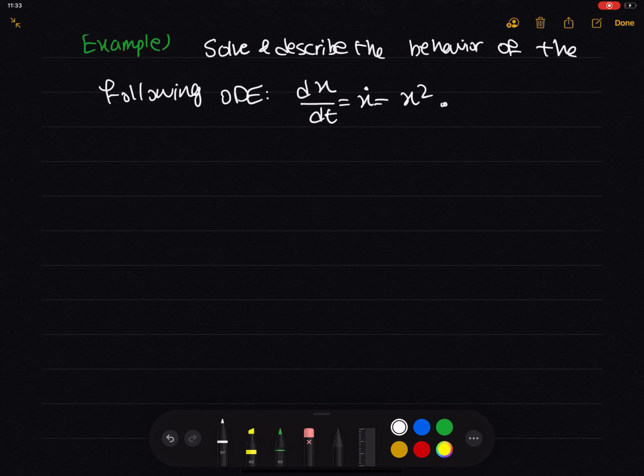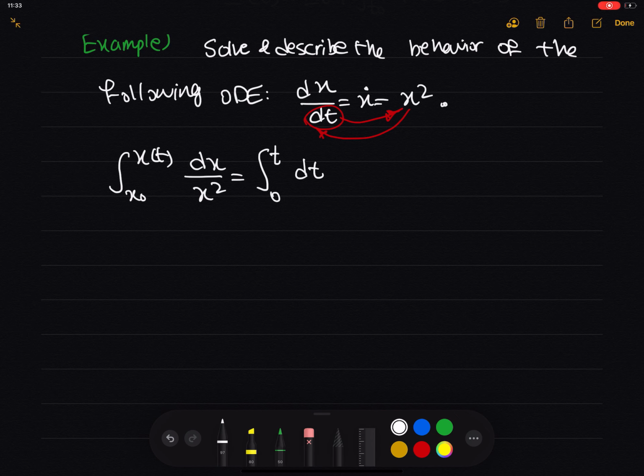So let's solve this. In order to solve it, we are going to take an integral of it. So I'm going to take the x to this side and take t to the other side, and then take an integral of that. So what I'm going to have is the integral from x0 to x(t) of dx over x squared equals the integral from 0 to t of dt.